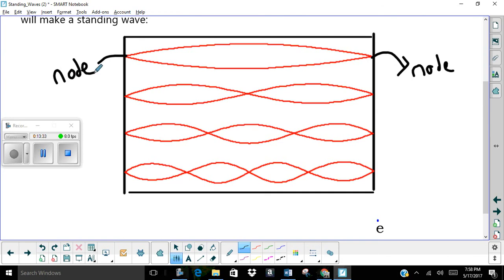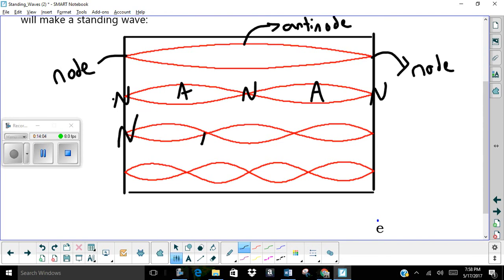An antinode happens when you've got constructive interference. And so an antinode will occur in the first harmonic here. So in the first harmonic, I've got two nodes, one antinode. In the second harmonic, I've got 1, 2, 3 nodes, 1, 2 antinodes.